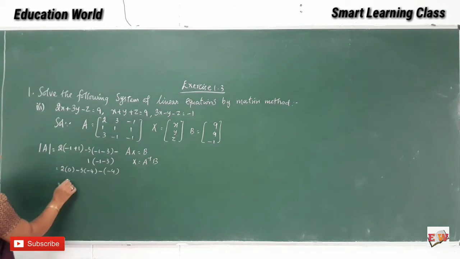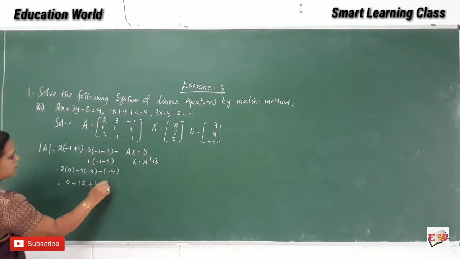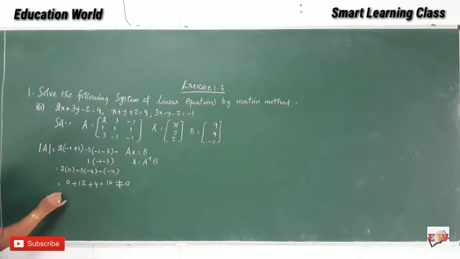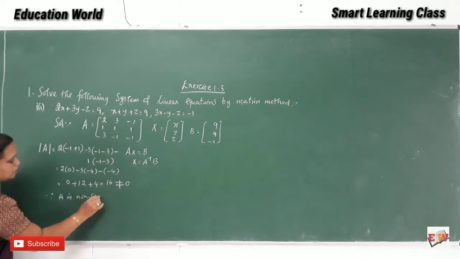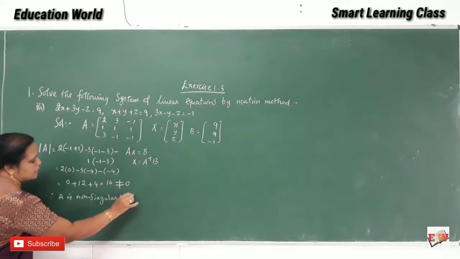What is this? This is 0, minus into plus 12, minus into minus plus 4, is equal to 16, not equal to 0. A is non-singular, and the inverse exists.